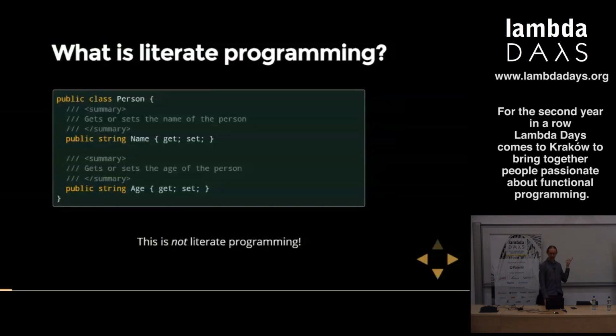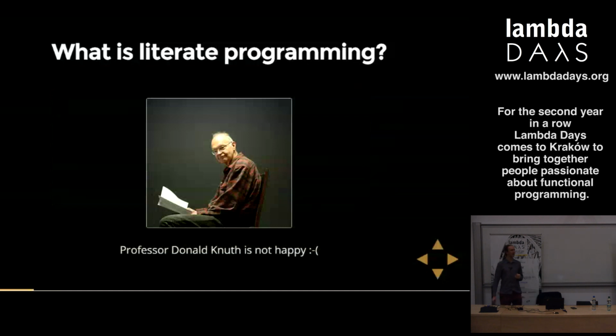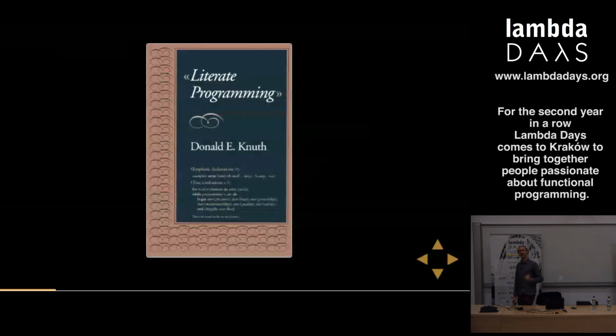And the idea actually comes from Donald Knuth. You can see he's not very happy about the previous example. What he was imagining in his literate programming book was the idea that you could mix text and program code to write something that you can read as a human.